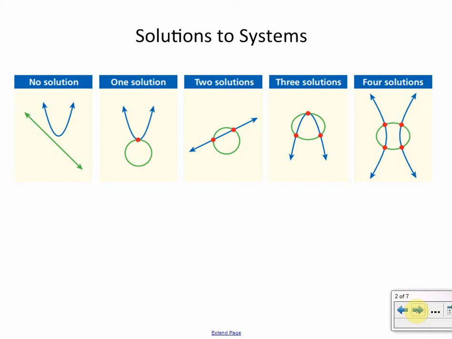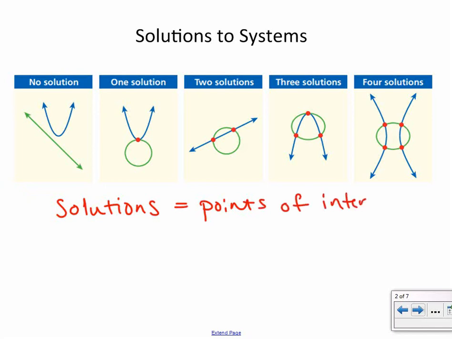Remember, the solutions of a system of equations are any points of intersection. So when you're asked to find the solution of a system, it's not just going to be one number, like 4.